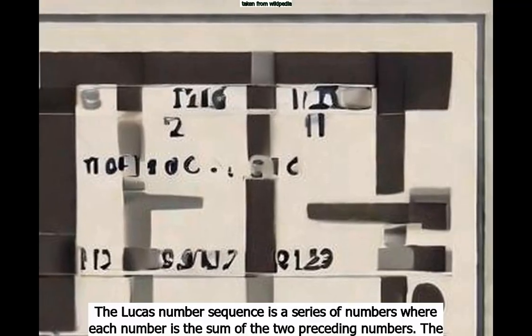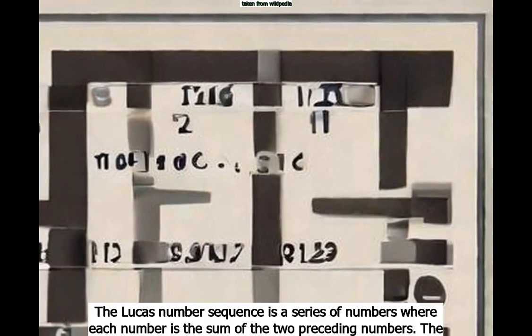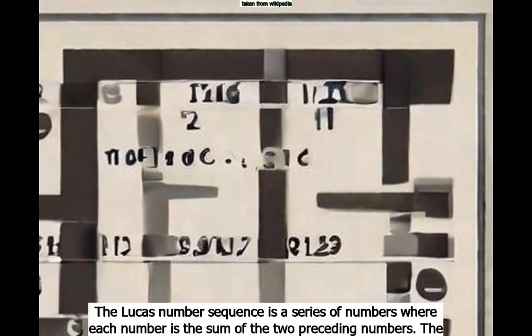The Lucas number sequence is a series of numbers where each number is the sum of the two preceding numbers. The sequence starts with 2 and 1.